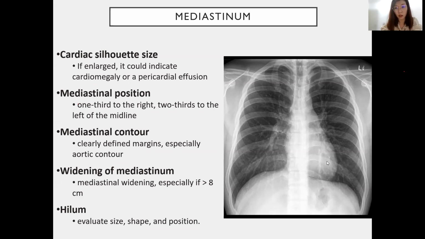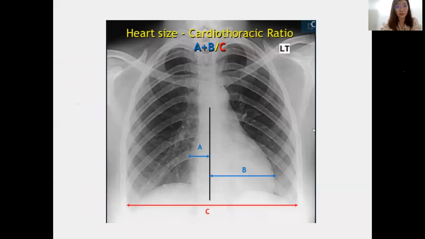If there is widening of more than 8 cm at this mediastinal region, in a central patient with adequate inspiration, raise suspicion of a mediastinal mass, and then we evaluate the size, shape, and also the position. So again, to check the cardiothoracic ratio, everyone should know: from the most lateral border of the right and left heart border, to the widest chest wall diameter.